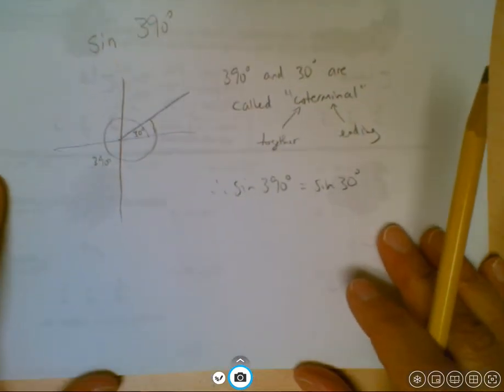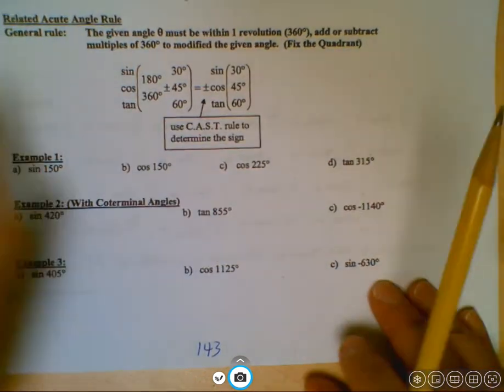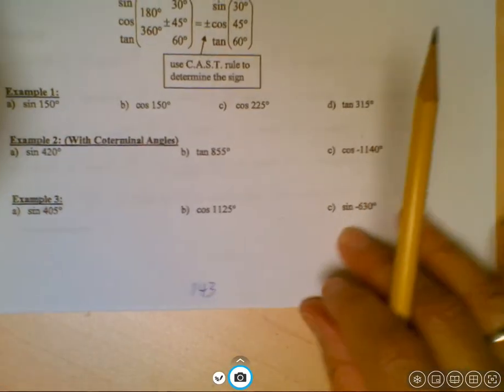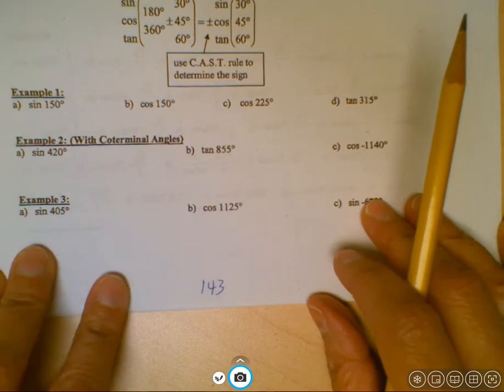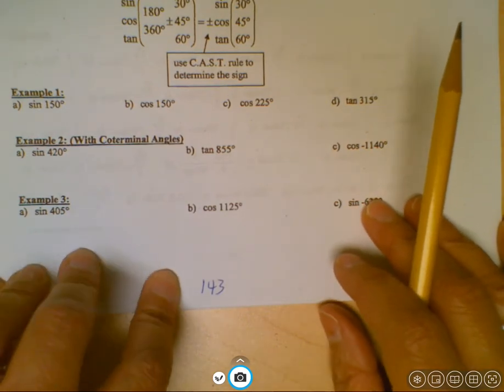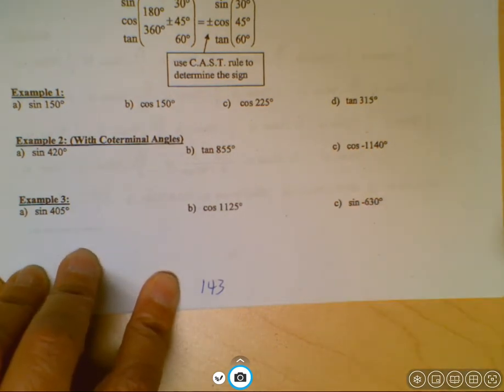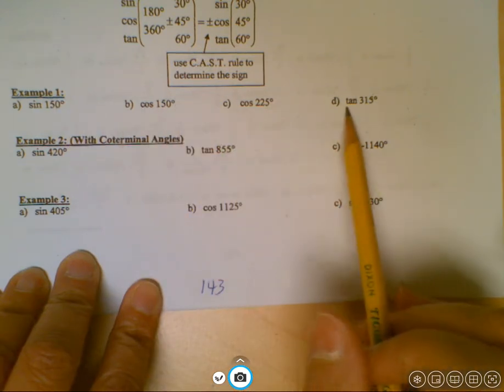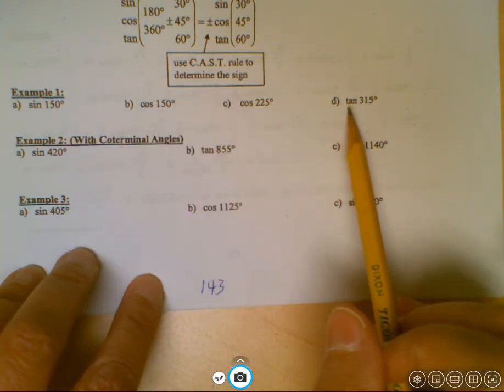So whenever we're asked to find trig ratios of bigger angles, so for example, page 143. So 143 has all this stuff at the top. I'm not even going to look at it. I don't know if you can look at it if you want, but I won't use it. But over here, all of these in example 1, you know how to find. That's from our part 2 lesson.